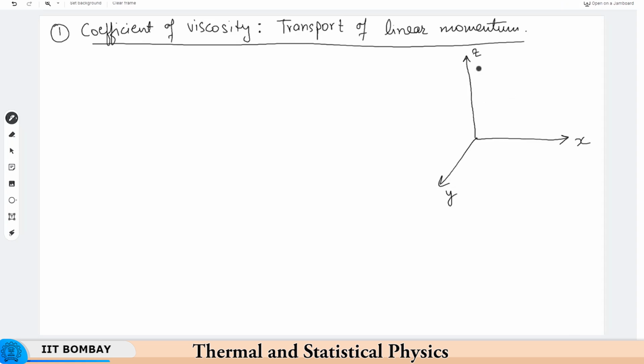And what we are going to assume is that, in the plane of x y, okay. So, there is this plane which is in the x y plane. So, at any given moment the gas molecules, okay. So, say there are 3 planes, and there is a velocity gradient, okay.